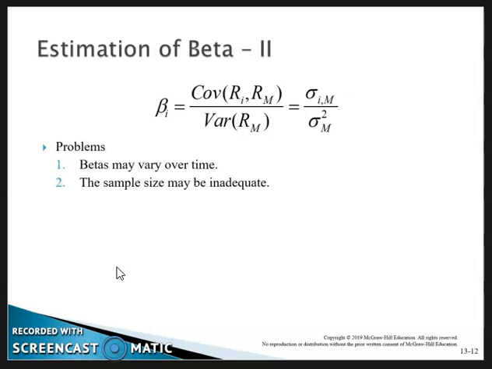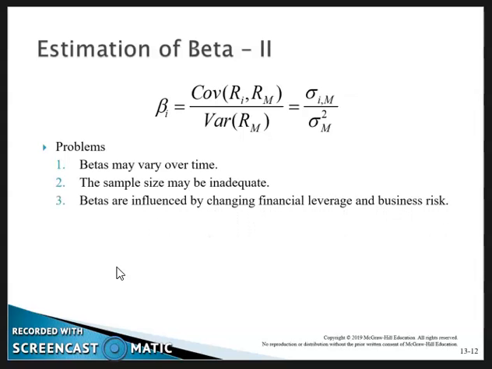We're assuming that the returns are normally distributed. In order for that estimation to be accurate, we need a fairly significant sample size. Betas are also influenced by changing financial leverage and business risk.